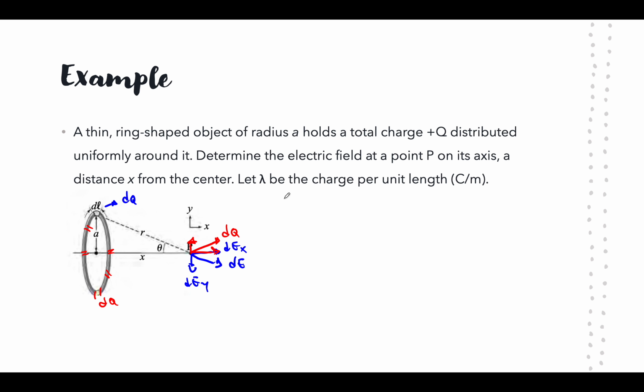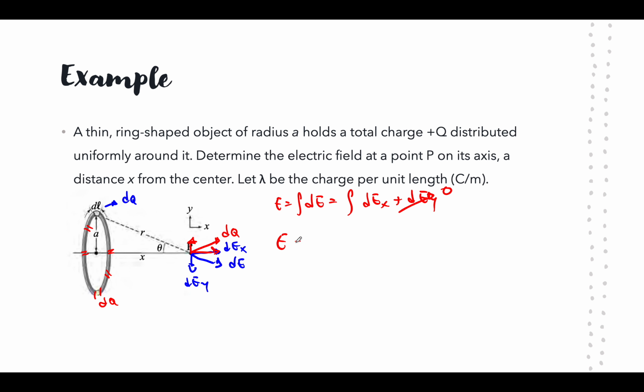So if I know that the electric field is equal to the integral of the electric field differentials, then this is also equal to the integral of dx plus dy. But I know that all the perpendicular components of the electric field cancel each other out, and this goes to 0.